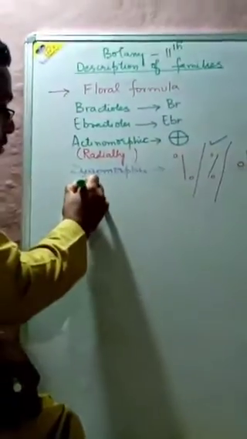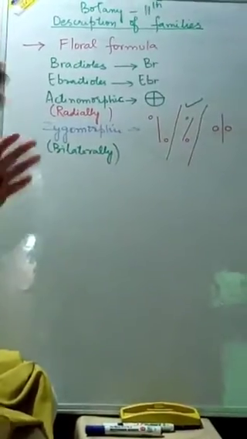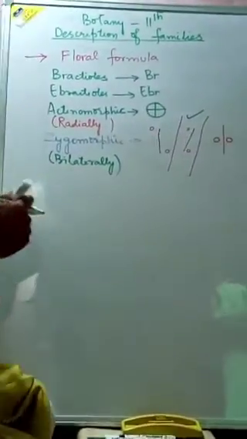So it is also called as bilaterally symmetrical. कि यहाँ पर हम जो इस फ्लावर को, इसको हम सिर्फ एक ही प्लेन में दो हिस्सों में तकसीम कर सकते हैं. You can show it in this way, with a straight line rather. You can show this symbol in this way.